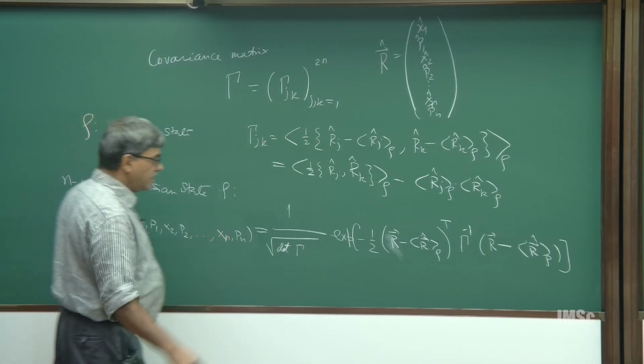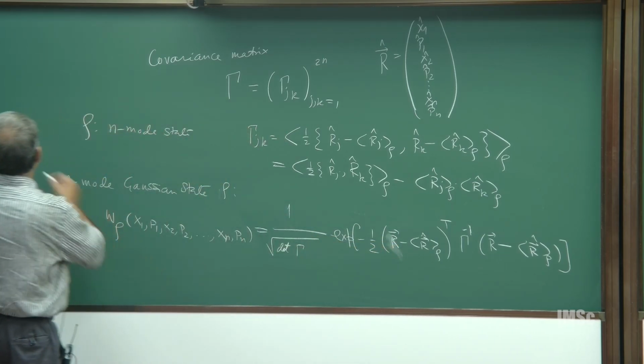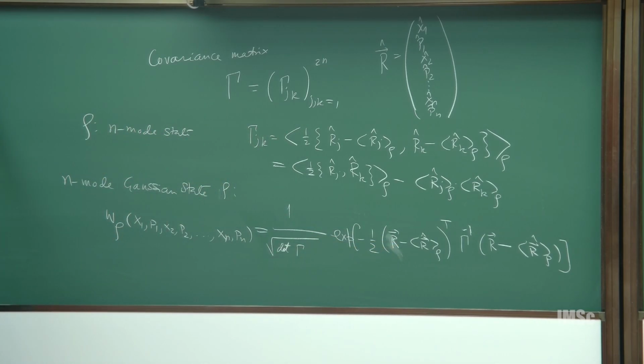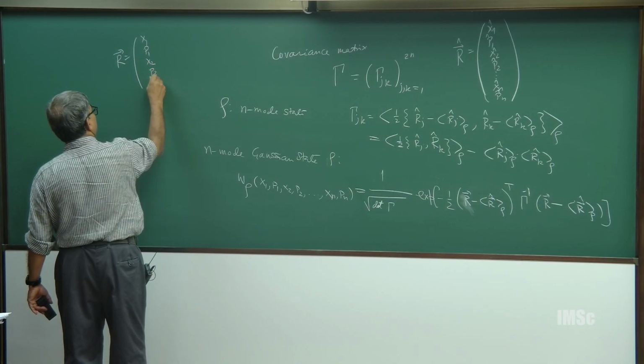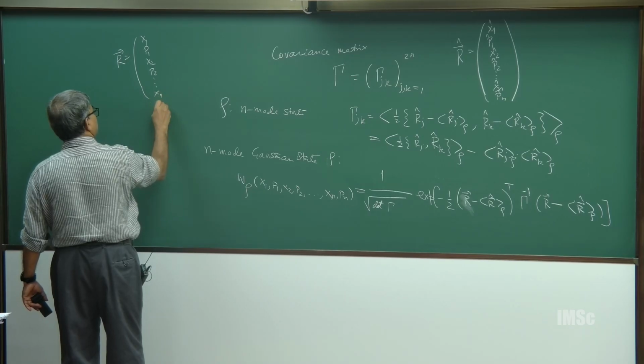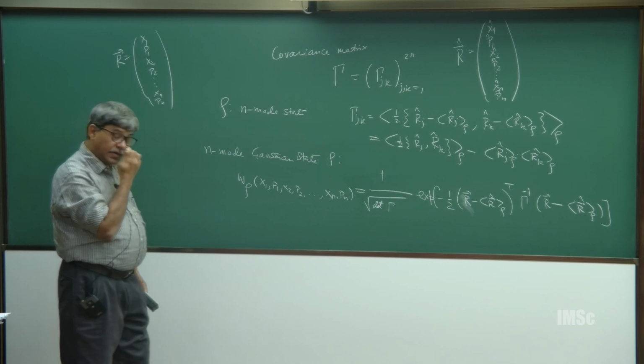So, what does it mean? This is at the position. R in this case is x 1 p 1 x 2 p 2 up to x n p n. These are scalar quantities. Okay.